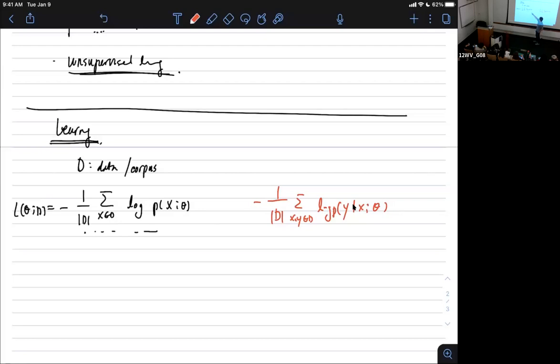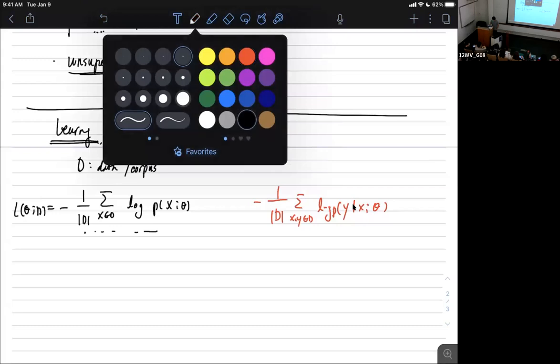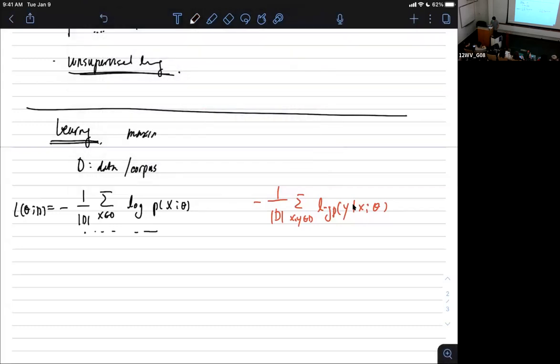You might as well say that this x is just a concatenation of x and some answer y. Who cares, right? What we want is to increase the log probability assigned to the correct or a valid instance from the data set. So that's what we're going to do. Same as before, we are going to do maximum likelihood learning. Log likelihood.